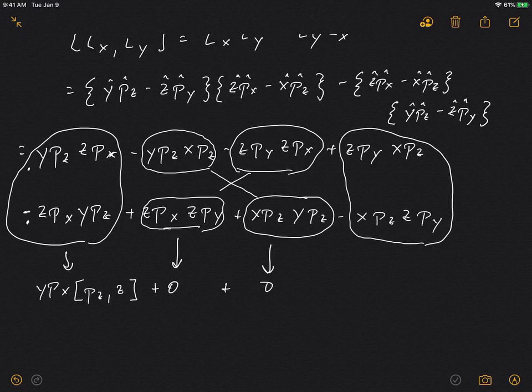And here we end up with, we can factor out an x and a py, and then we end up with, when we factor that out, z pz minus pz z, which is the commutator of z and pz.